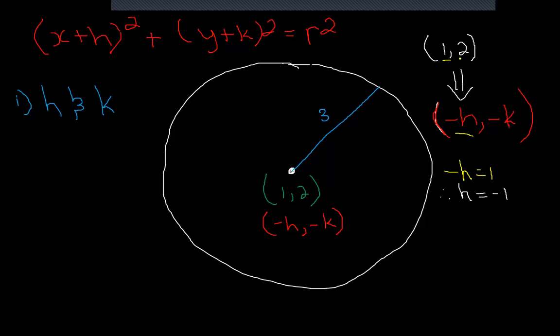And if 2 is minus k, so we're looking down here, minus k is equal to 2. If minus k is equal to 2, what's the value of k? -2. -2. So we're good with that, right? I really hope I didn't confuse.